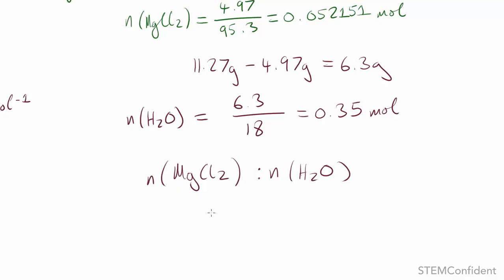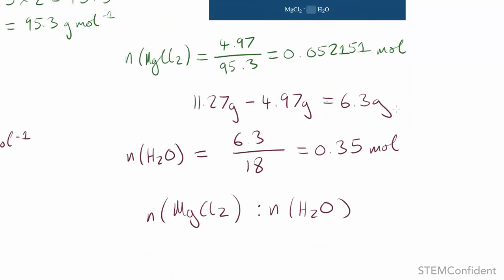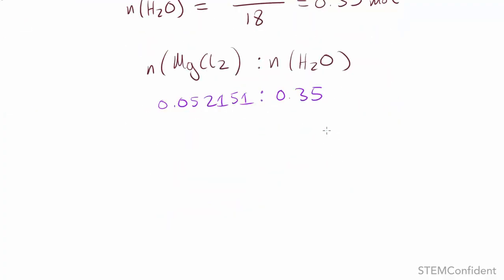And of course, on this side, that's going to be what we worked out here, 0.052151, and the ratio is compared to 0.35, which is the H₂O aspect, right?